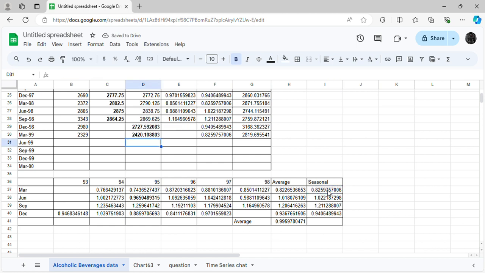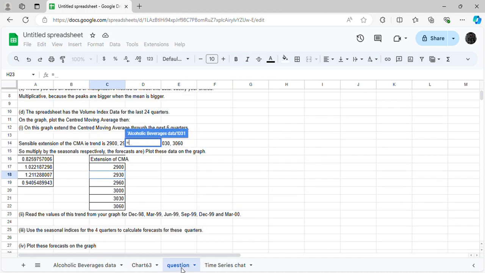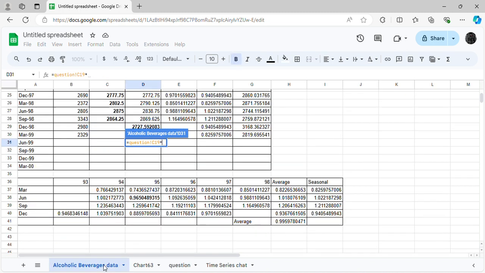And for June 1999, that equals the estimate value for June 1999 multiplied by the seasonal index value for June.